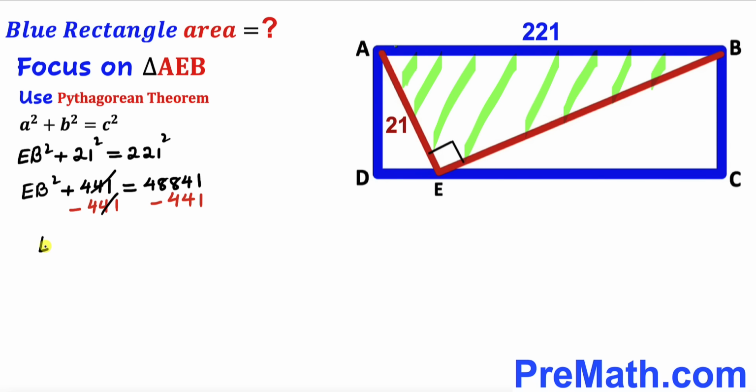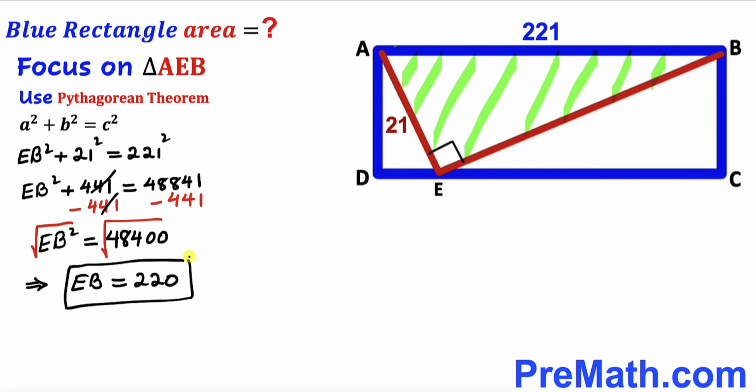So EB squared is equal to 48400. Undoing the square by taking the square root on both sides, EB length is equal to 220 units.